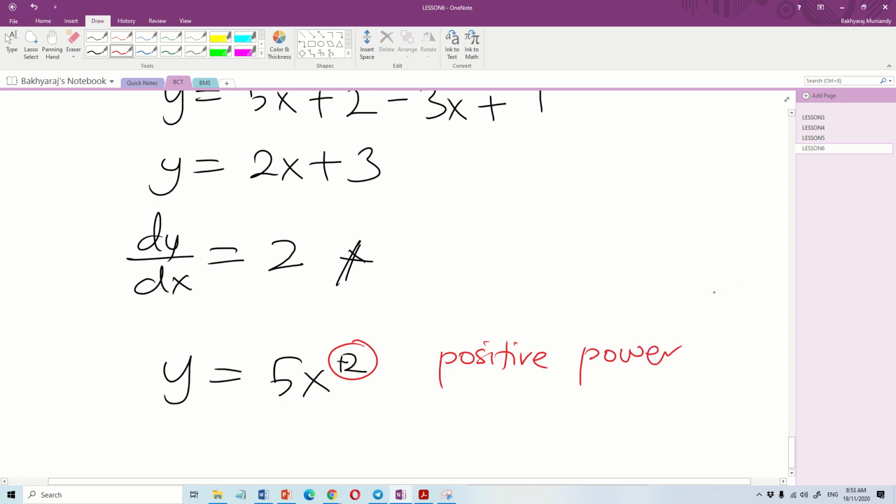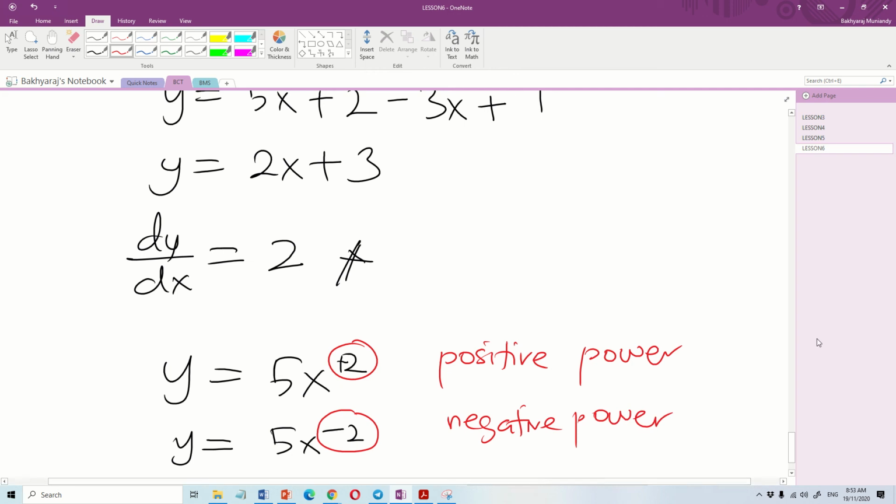We have done this. Now I'm going to give you negative power. I'm going to give you this negative 2. How do we solve this? If there is a negative, then we call this negative power. So we are heading for negative power.